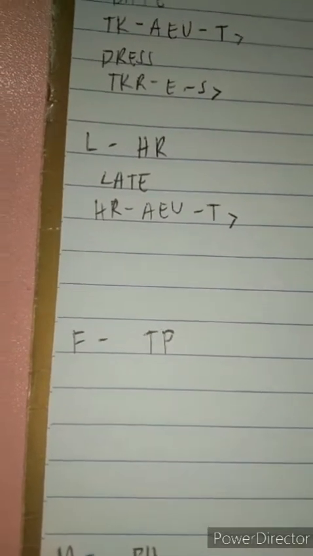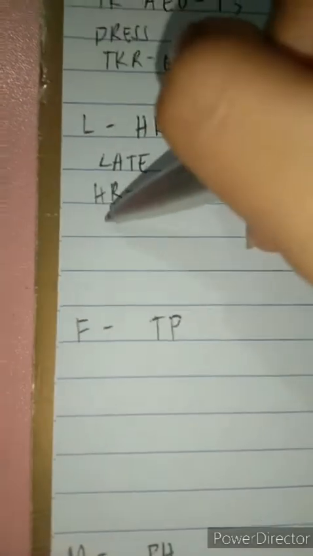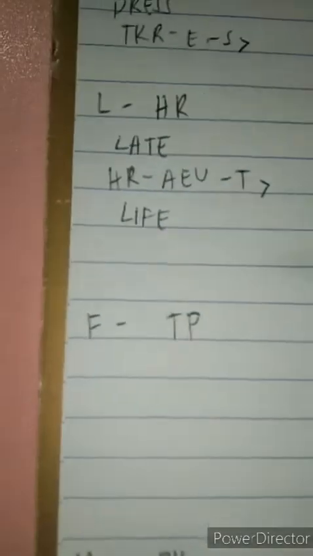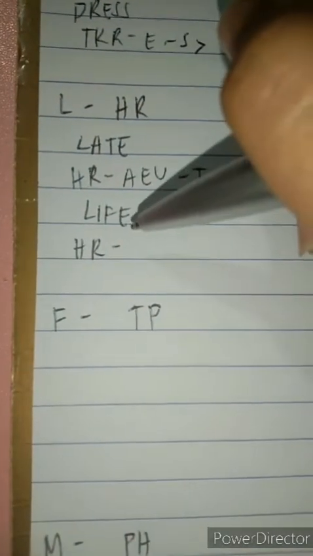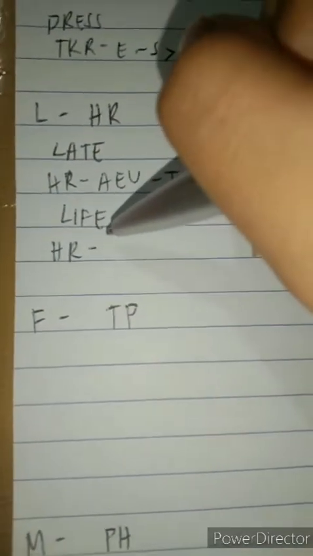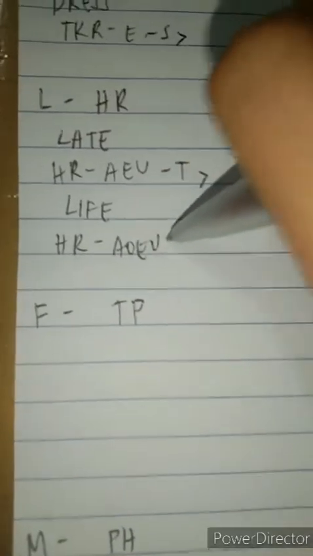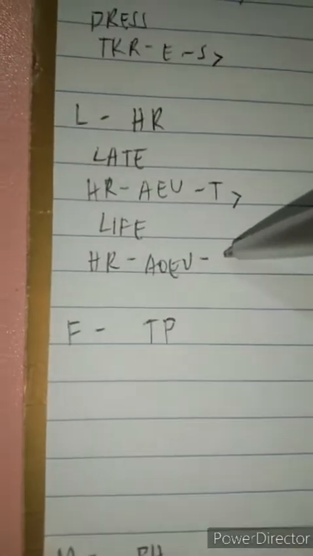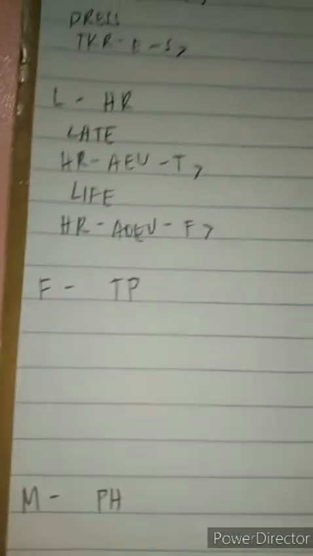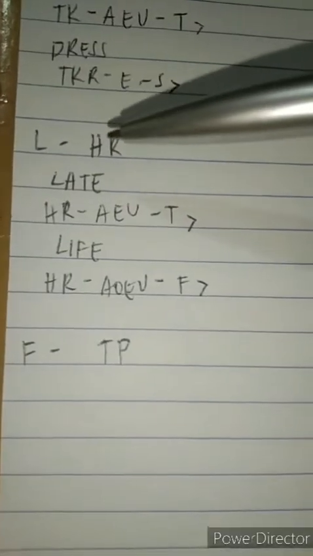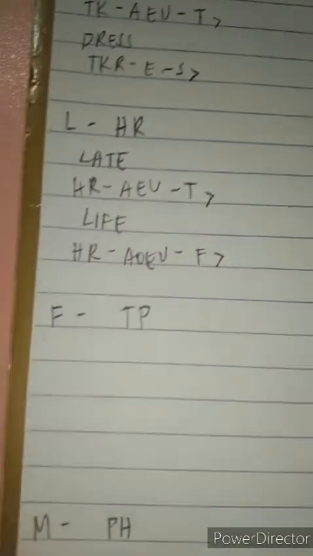Okay, another example, the word life. So, HR, and then long I, which is AOEU, and then ending sound F, and then release. So, that's the letter L, represented by HR, late and life.